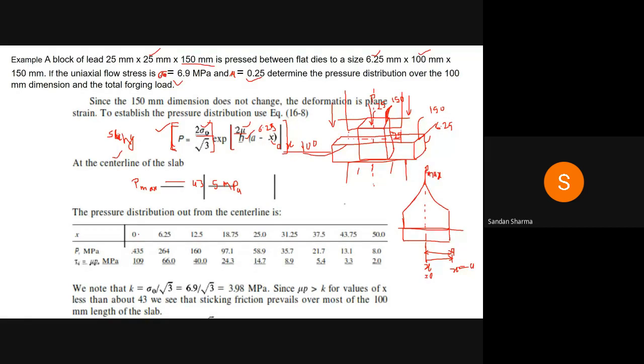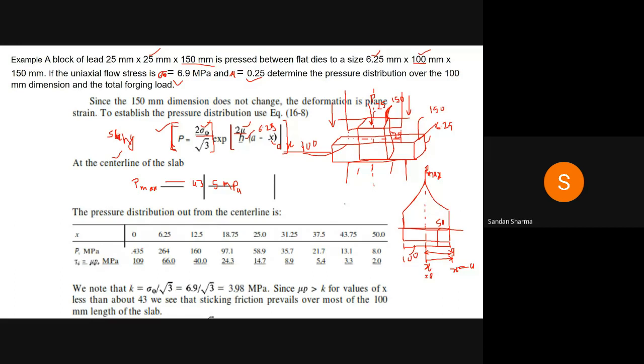You see this value goes up to 100. This complete part is 100, which means half is 50. Is this clear? Clear to everyone? Yes, sir.